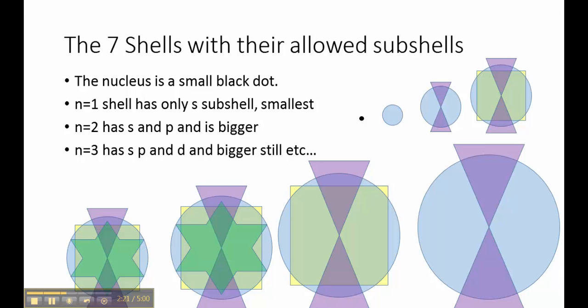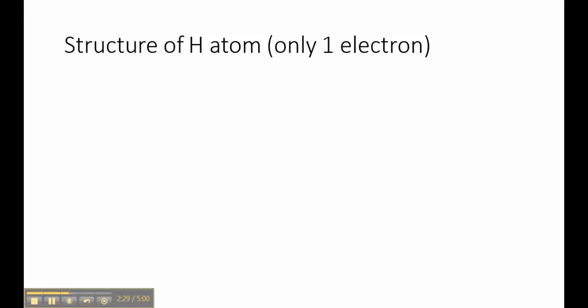We are now ready to look at the 2D models for each of the elements. We'll start with hydrogen. The ground state image for hydrogen shows the nucleus and the 1s orbital or subshell. The s subshell is the only one that can be called both an orbital and a subshell because that subshell has only one orbital.